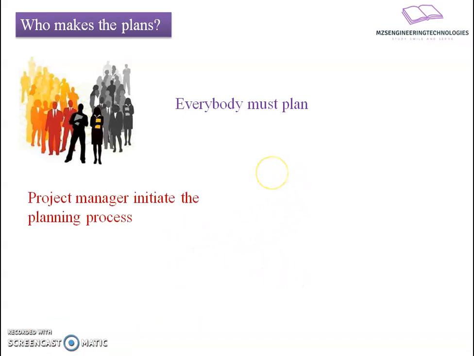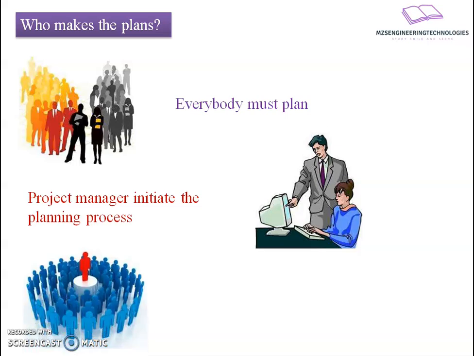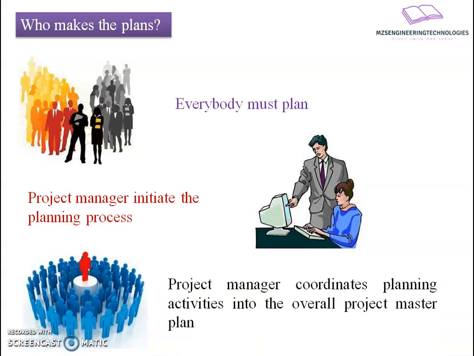Now, who leads this is called the project manager. He initiates the process of planning, and he directs the people about the pros and cons of the project and what the next task is and how to achieve that task. He acts as a leader, and he coordinates and plans the overall project, and he is called a master plan maker, as he will have thorough knowledge of the whole project.